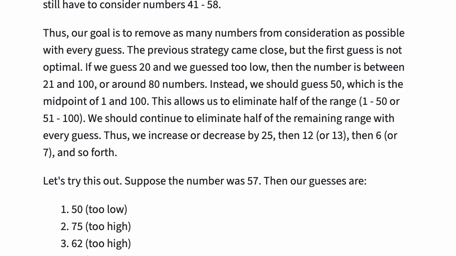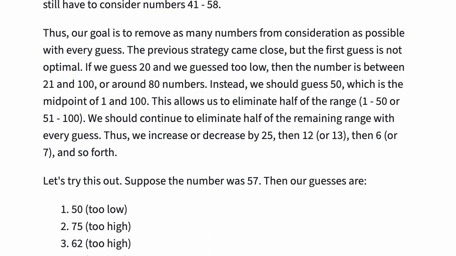This allows us to eliminate half of the range, 1 through 50 or 51 through 100. We should continue to eliminate half of the remaining range with every guess. Thus, we increase or decrease by 25, then 12 or 13, then 6 or 7, and so forth.